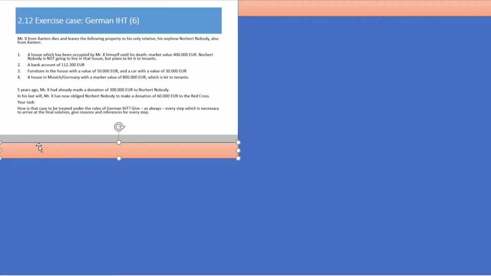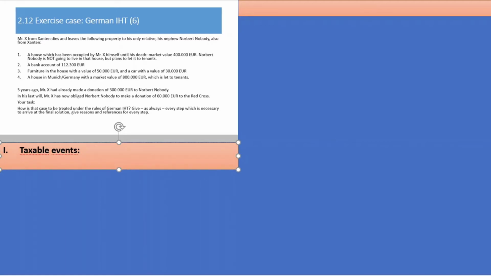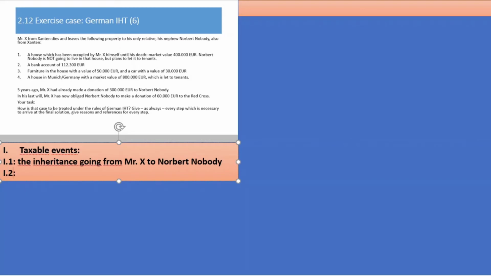Potentially, in the headline taxable events, we see 3 taxable events. That's first, 1.1, the inheritance going from Mr. X to Norbert Nobody. Then we have 1.2, the former donation from Mr. X to Norbert Nobody.